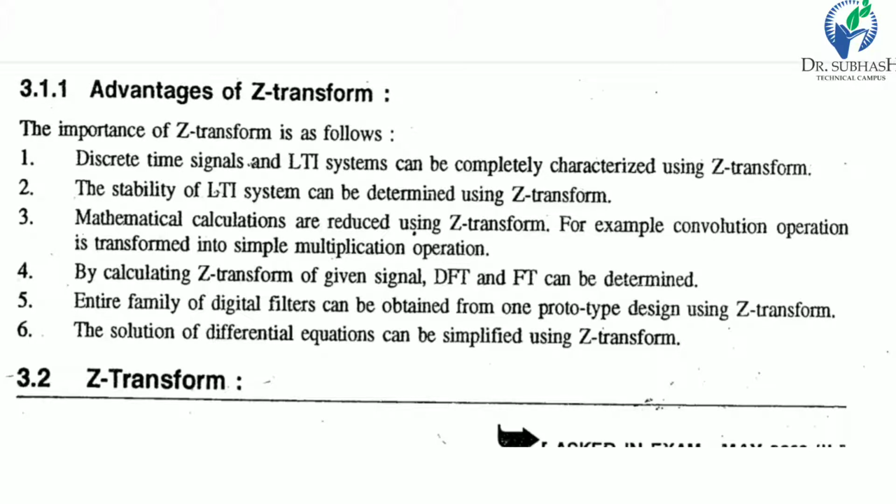By calculating Z transform of given signal, DFT, it means discrete Fourier transform, and FT, the Fourier transform, can be determined. Entire family of digital filter can be obtained from one prototype design using Z transform.